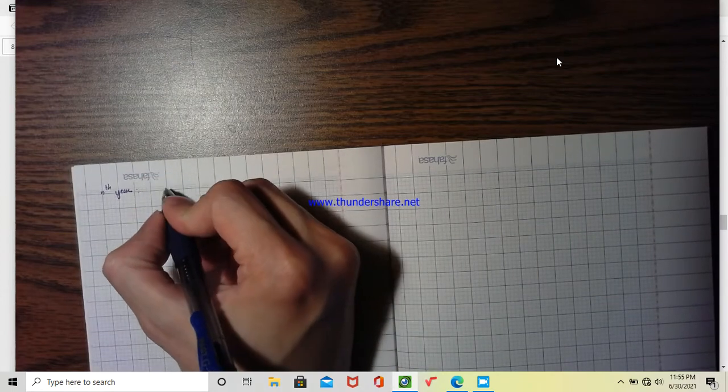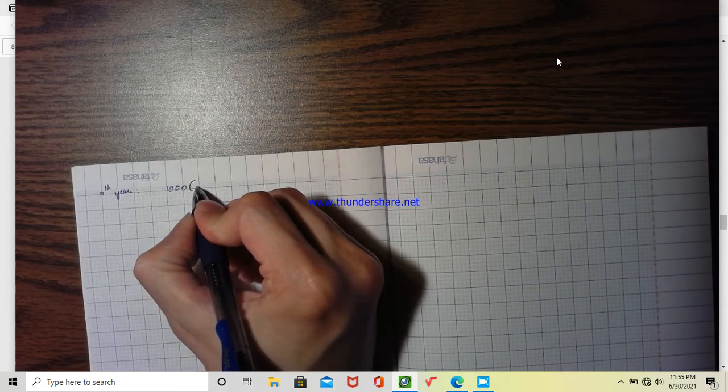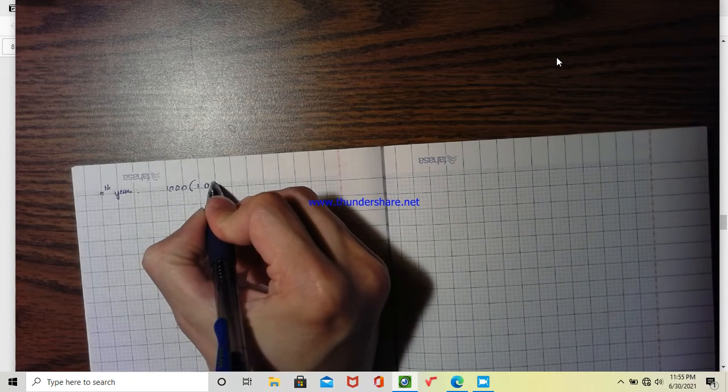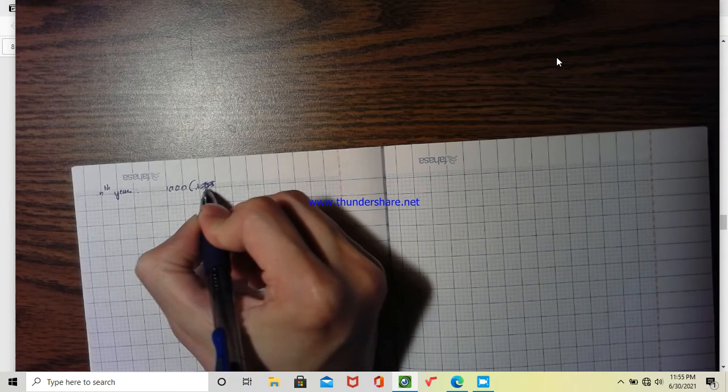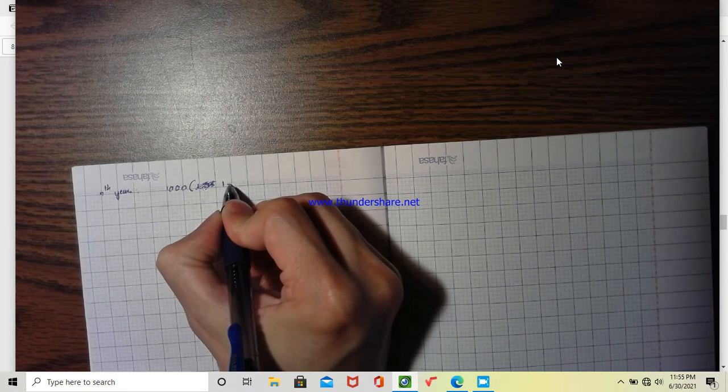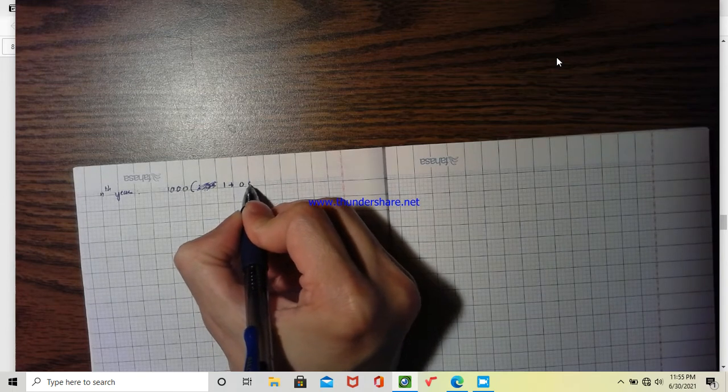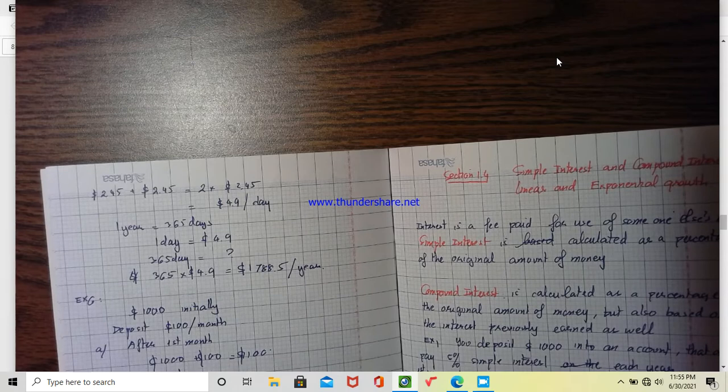This is what you're going to have: 1,000 multiplied by 1 plus 0.05, where 0.05 is the compound interest rate.